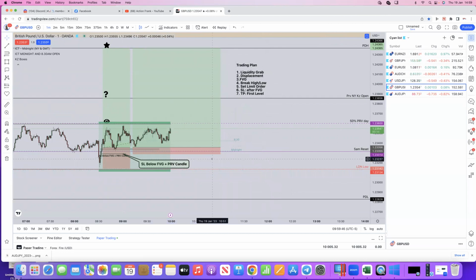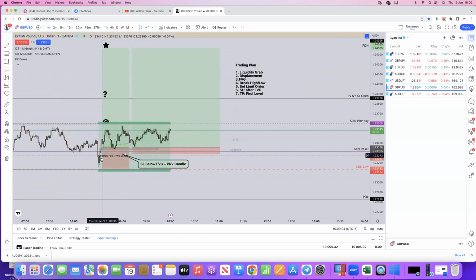But again, we've got two areas with regard to the trading plan. We had the liquidity grab here, which was the midnight of the 5 AM reset. We got a displacement to the upside coming above here, and then we left behind that fair value gap. So I'm testing two areas of entry, obviously on the fair value gap, and then the stop is just below the swing.